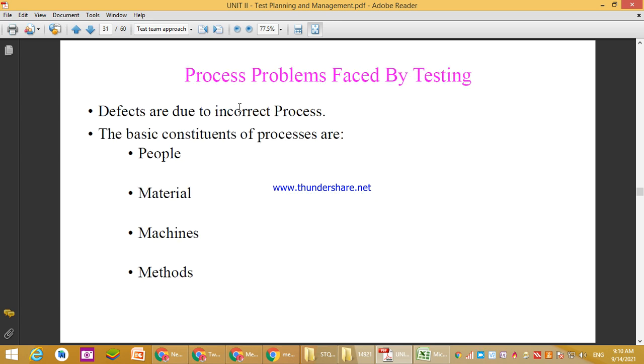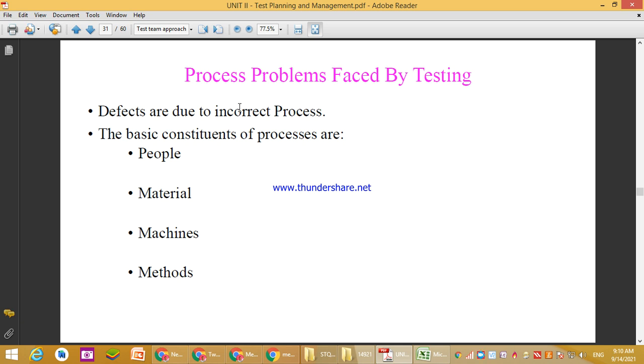The next, process problems faced by testing. Then the next phase comes. What exactly are the problems faced by the testing team while doing the testing? Defects are due to incorrect process.